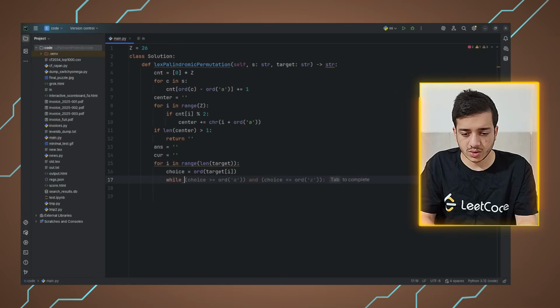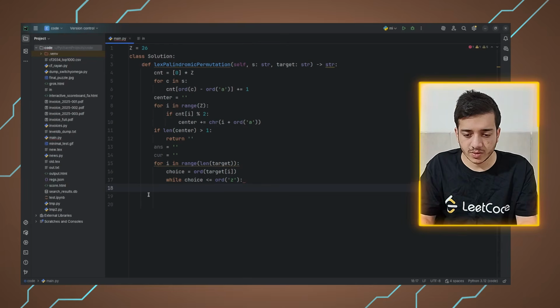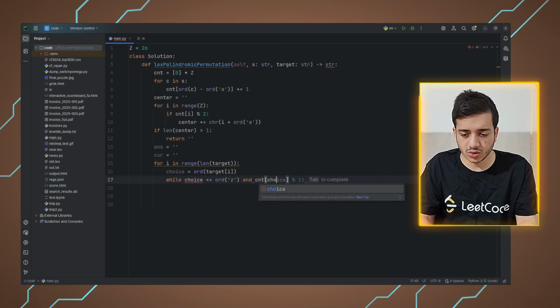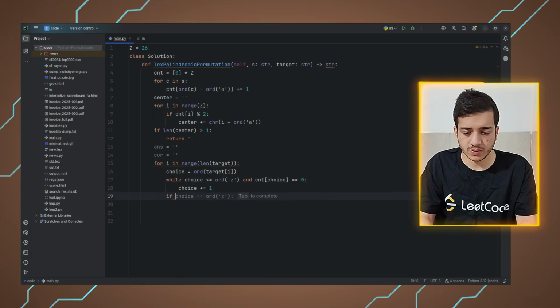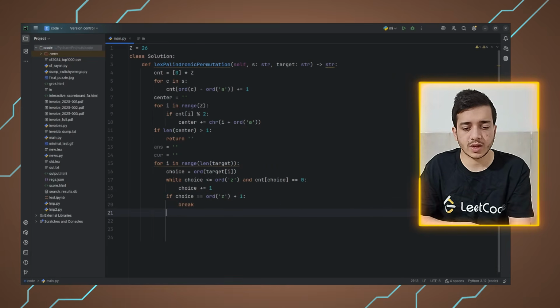While choice is at most Z, and CNT of choice is 0, add 1 to choice. If choice is like this, break, which means that we can't make this.